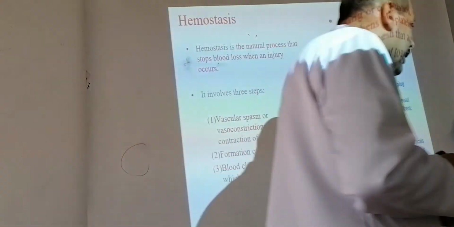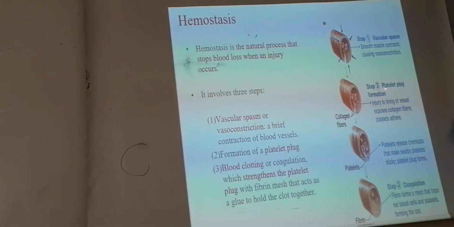So first, there will be vascular spasm: the smooth muscle contracts, causing constriction of the blood vessels. So the pathway of the blood will be small, and the amount of blood moving in those blood vessels will be less. The second thing is a platelet plug.